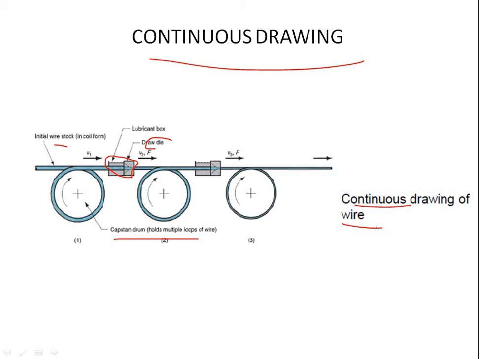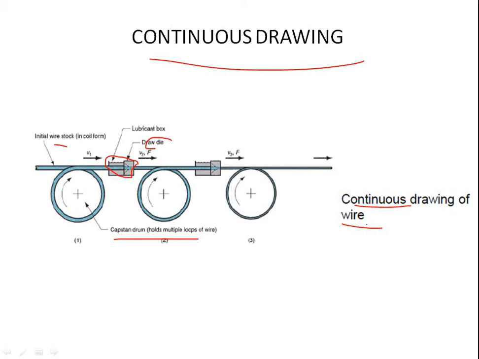Okay, for drawing of fine wires, a large number of draw blocks are used, with the wire passing through a number of dies until it reduces to the final size in one continuous operation.